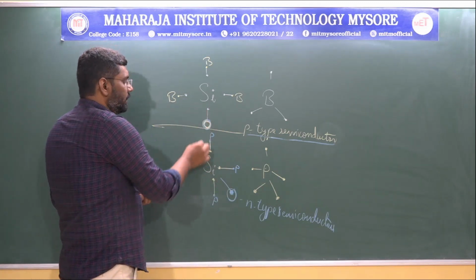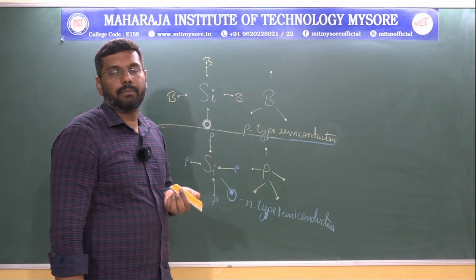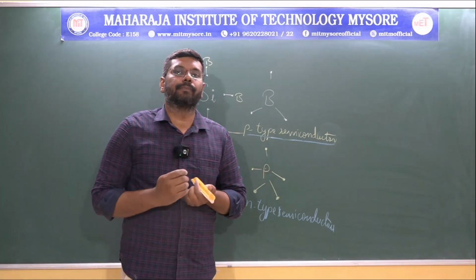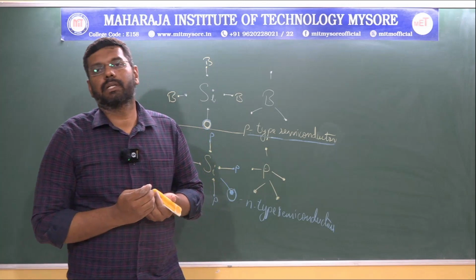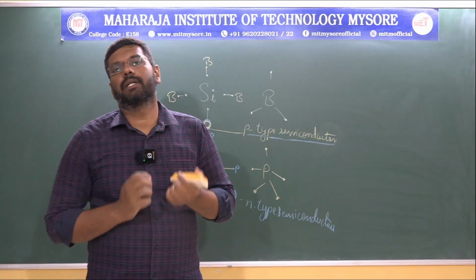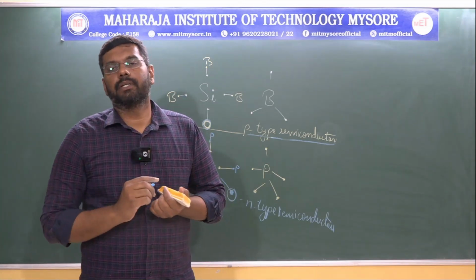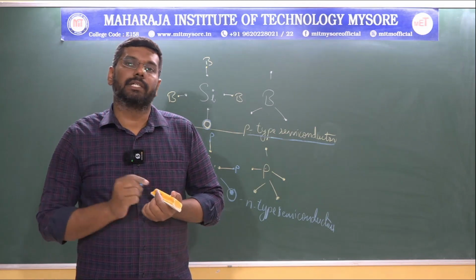So when both the cases, that is p-type and n-type, are combined together, when p-type semiconductor comes in contact with n-type semiconductor, we call that particular junction a p-n junction.